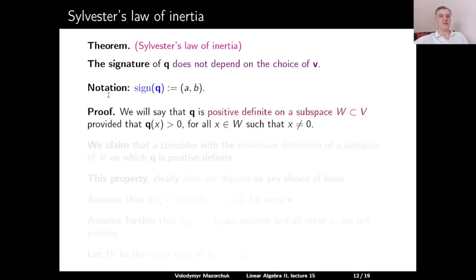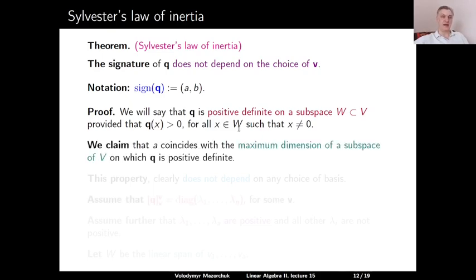Proof. We will say that the quadratic form Q is positive definite on a subspace W of V, provided that the value of Q at any vector x of the subspace different from 0 is strictly positive. And we claim that the first number A in the signature of Q coincides with the maximum dimension of a subspace of V on which Q is positive definite.